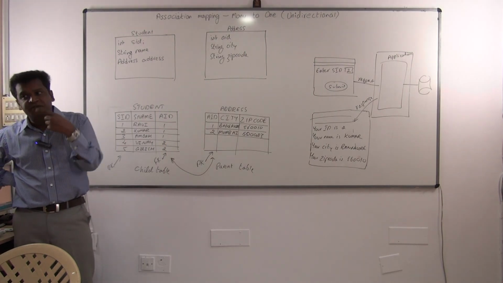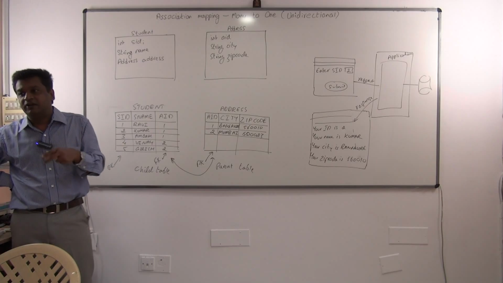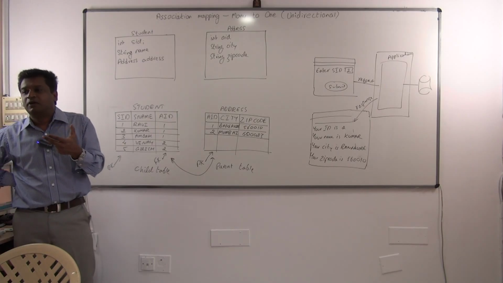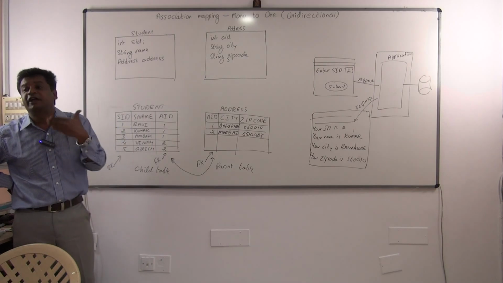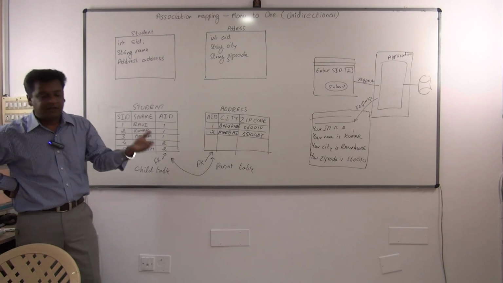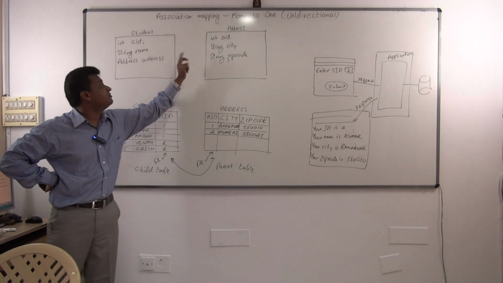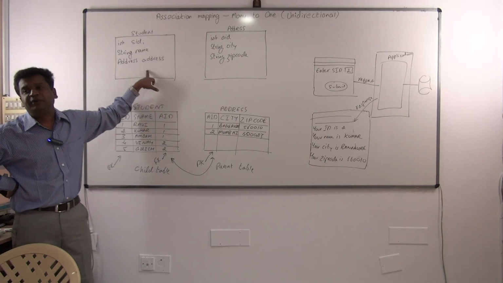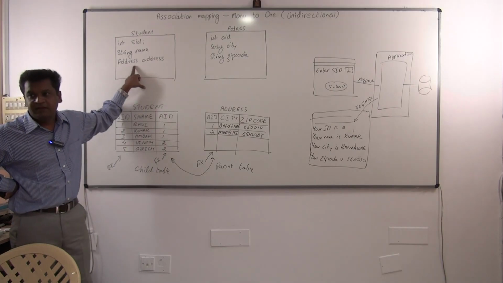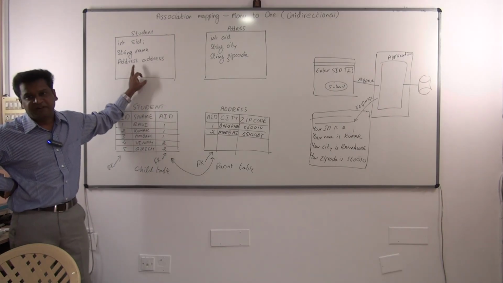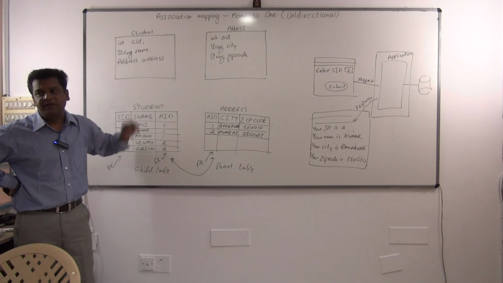But in the object oriented world, these are two objects, and to relate them it can be done only with a reference. That is why we have a reference of the address object in the student entity. Clear? So here you will have address as a reference, and that is how they will be related.